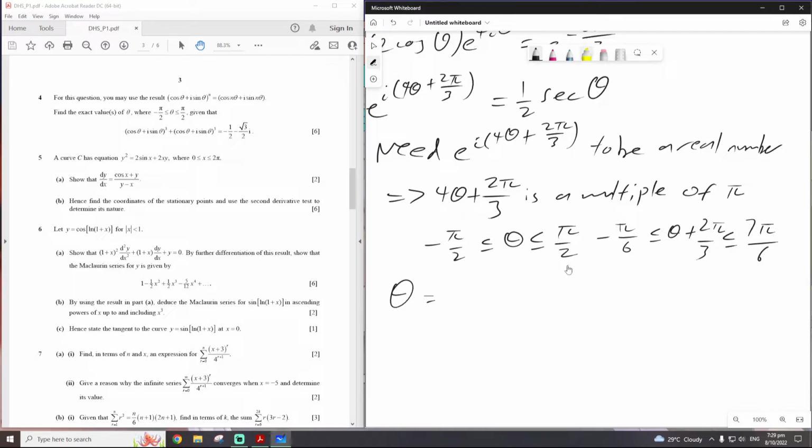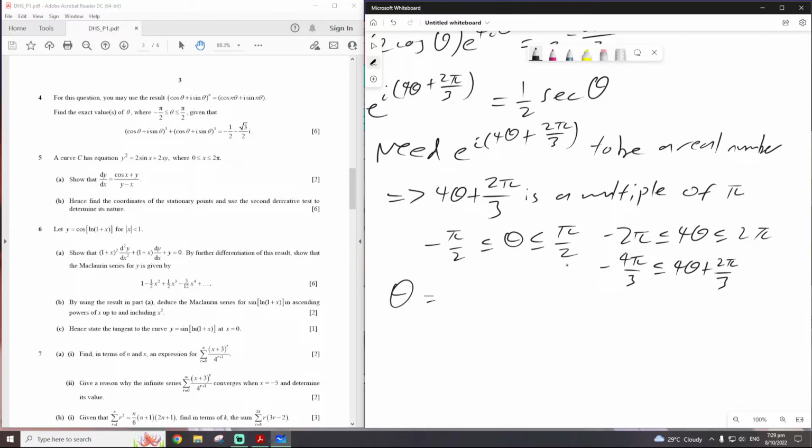No, I should do the 4 theta first. Negative 2 pi less than or equals to 4 theta less than or equals to 2 pi. Alright, then add the 2 pi over 3. This is negative 4 pi over 3 less than or equals to 4 theta plus 2 pi over 3 less than or equals to 8 pi over 3.